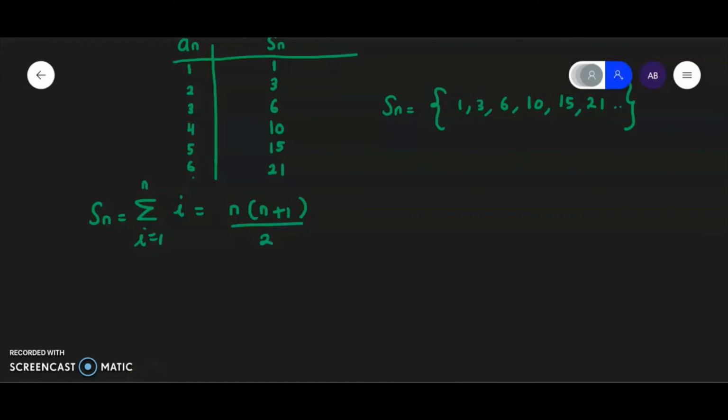When you use n times n plus 1 over 2, you get the summation for Sn, which is 1, 3, 6, 10, 15.